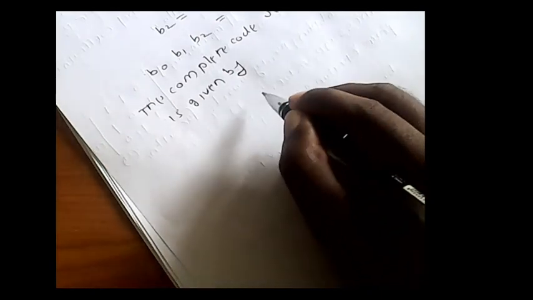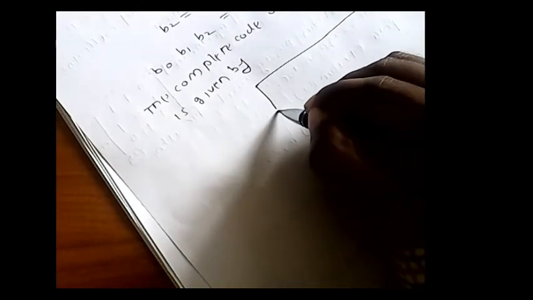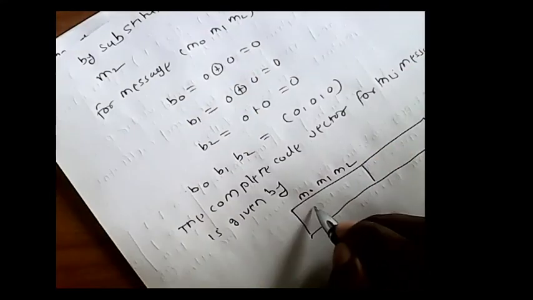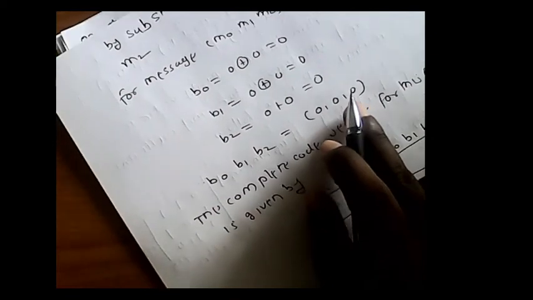So M0, M1, M2 where message bits are 0, 0 and parity bits B0, B1, B2, which become 0 0.